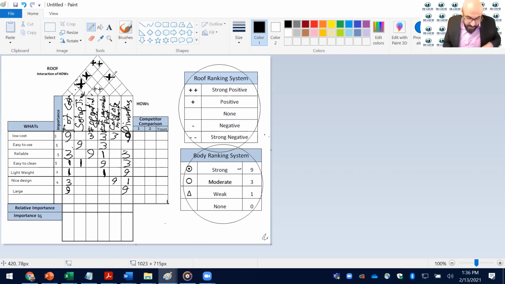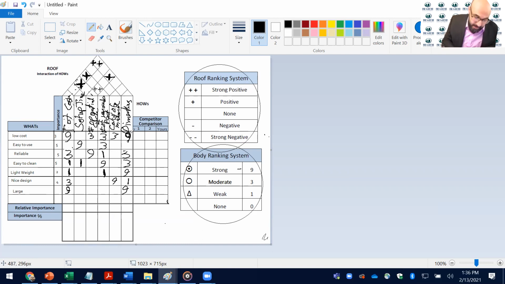Next would be the number of removable parts with the color of material. I don't see anything. Number of removable parts and dimensions, I don't see any relationship there. There could be as many removable parts as you want and as big as you want.